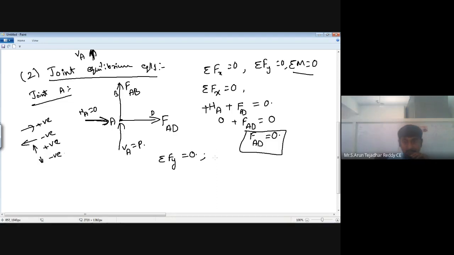First VA positive, plus one more force FAB is equal to 0. Already we know that VA value. Just substitute VA value in this equation plus FAB. FAB is equal to minus P. All of you write down.